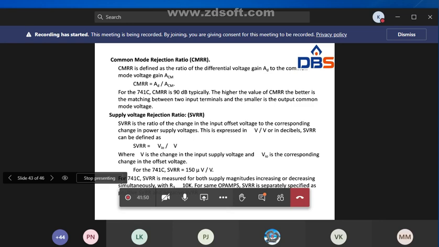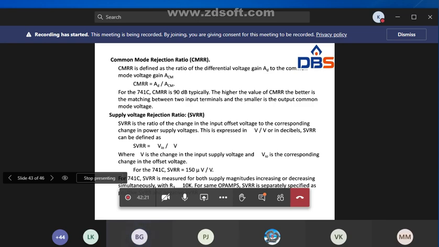So we will see what the input offset voltage is. If the two inputs are grounded, then the output must be 0. But due to mismatching of the internal circuit, the output shows some voltage.